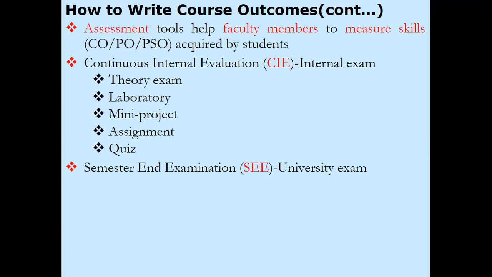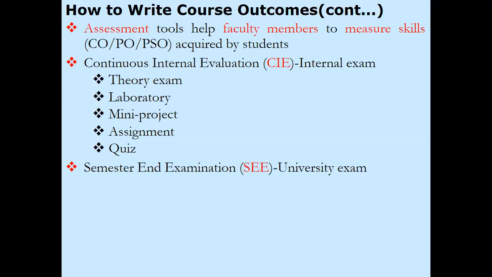Generally, there are two types of evaluations. One is continuous internal evaluation. You people will call it the internal or some internal exams. And another one is semester end exams. Sometimes we can also call this a university exam. In the sense, there are two types of exam pattern. One is the internal exam, another one is the university exam pattern.